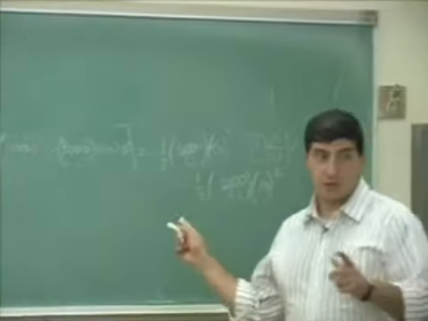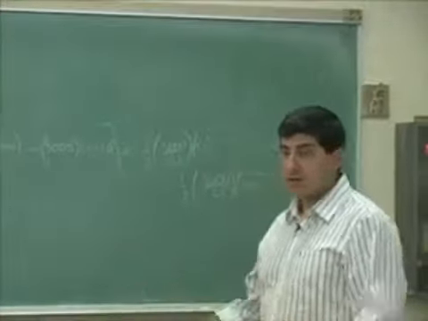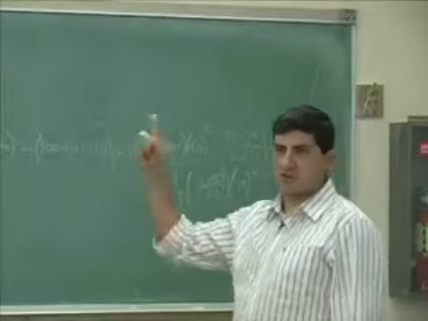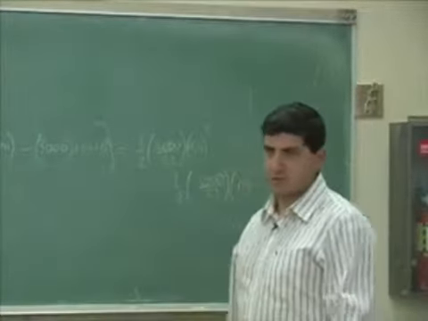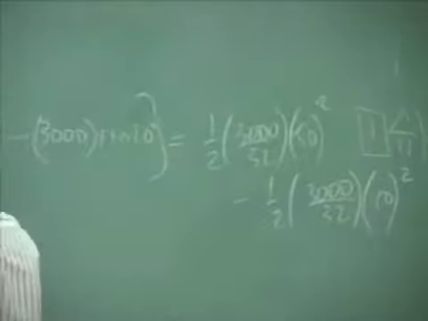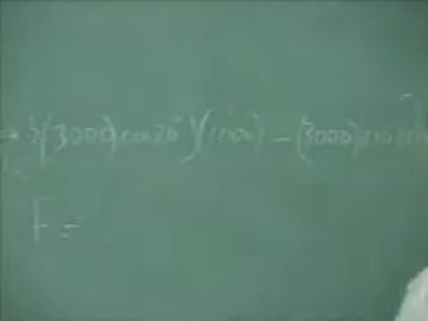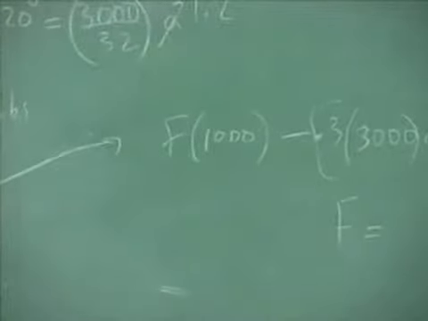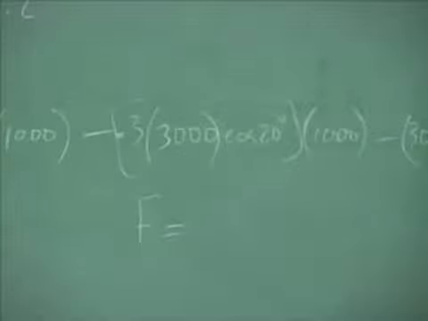So using the work energy method, one whole equation, one step, solves the answer for you. You don't need to refer to kinematics. F is equal to, and you should get the same answer. Solve this, bring this over to this side, bring this over to this side.